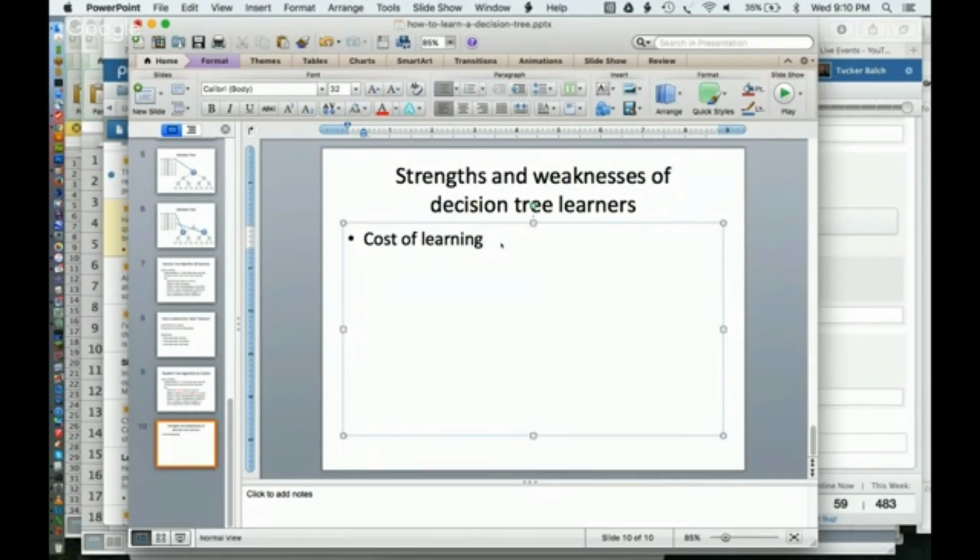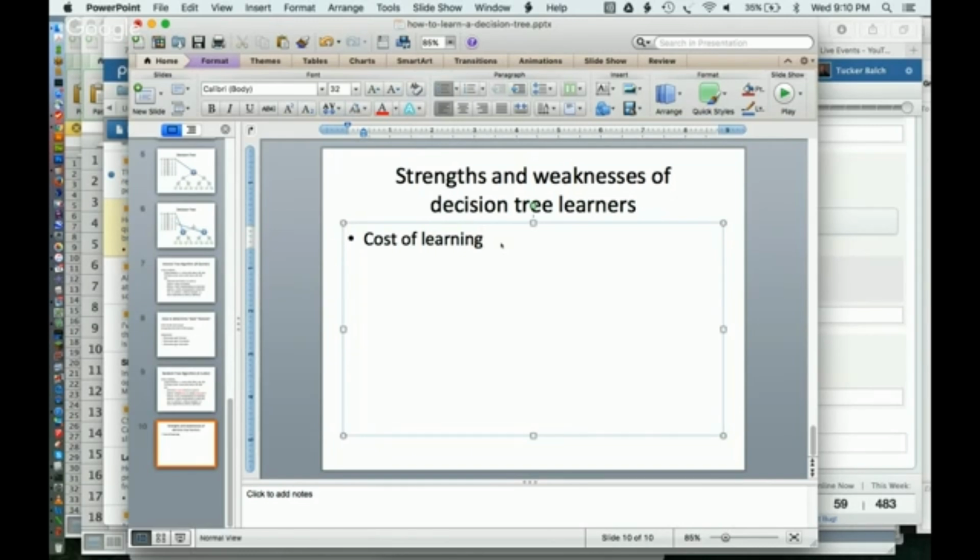KNN, K nearest neighbors, is simple at learning time. You just take the data and plop it into RAM, and you consult it later when you're doing queries. So in terms of cost of learning, decision trees lose to K nearest neighbor. I would say also that linear regression learners, they're somewhere in between.